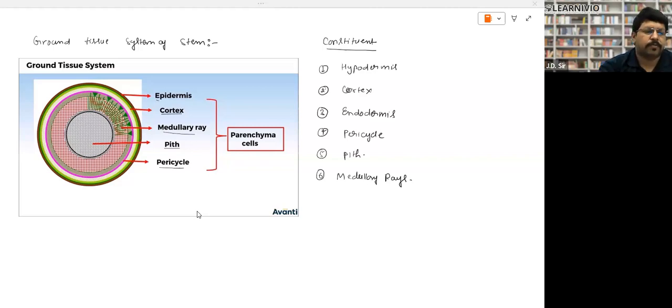I think we were doing this ground tissue system, and I was about to explain all these headings, the constituent of the ground tissue system of stem. Am I correct? Yes, sir. I think Martin's microphone is not correct. Martin, am I audible to you? You can text me if you can listen to me.